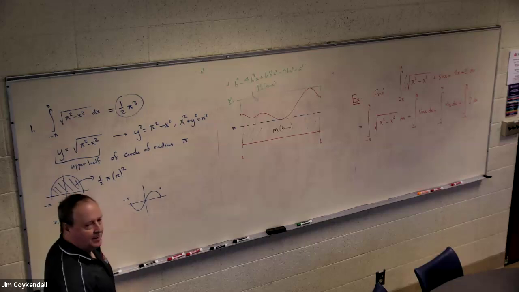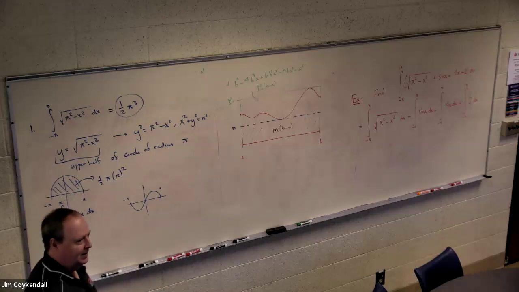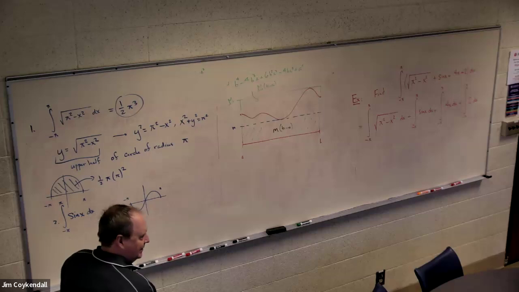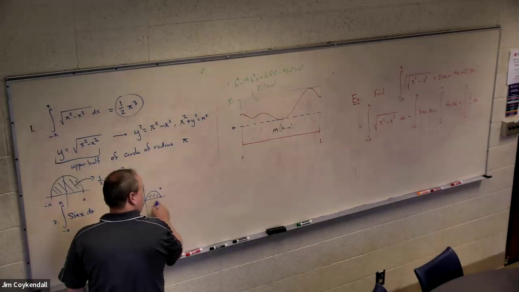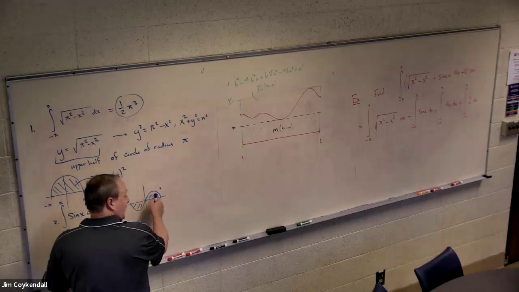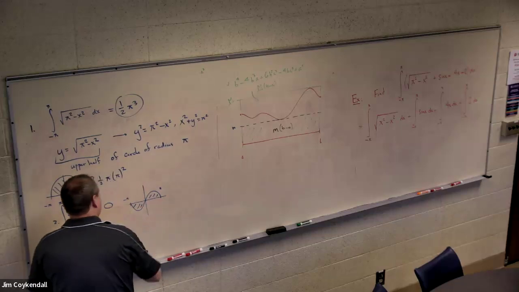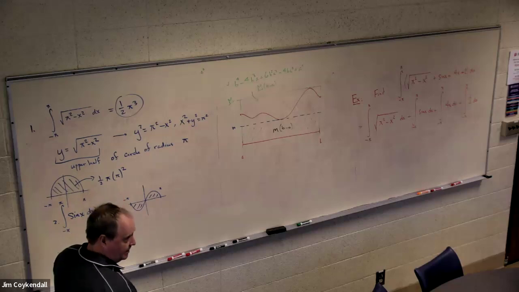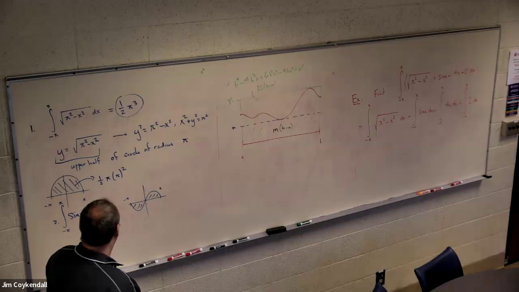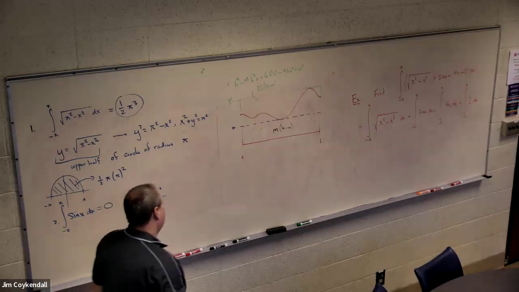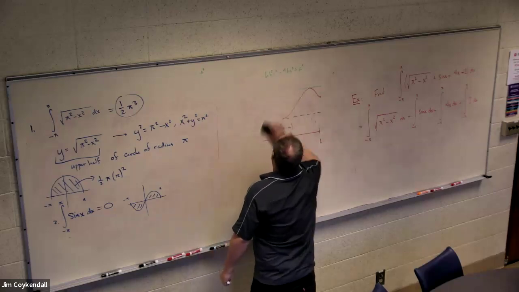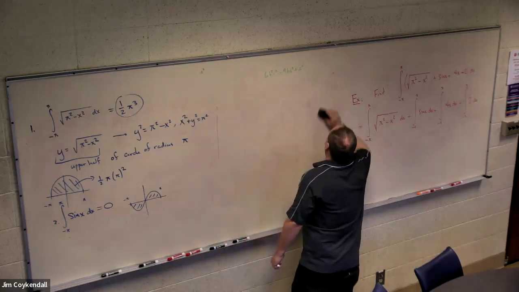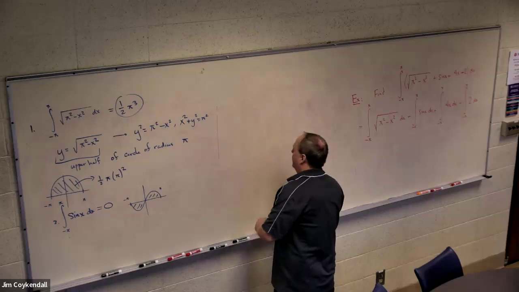Integrate me from minus pi to pi. Because these two are the same size, and this is negative, this is positive, the signed area is 0. The third one, I think, is sort of similar. Although the last two, you can actually do the old fashioned way with limits, but let's not, let's do areas.